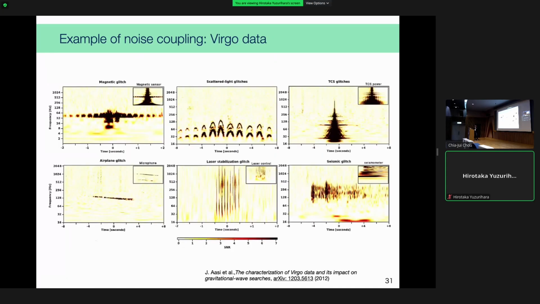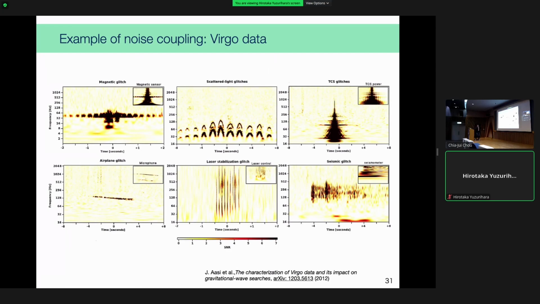And this is an example of noise coupling in Virgo data. The top one shows magnetic glitches, and the left of the top one is an interesting one. When an airplane passed around Virgo, it affected the strain data.